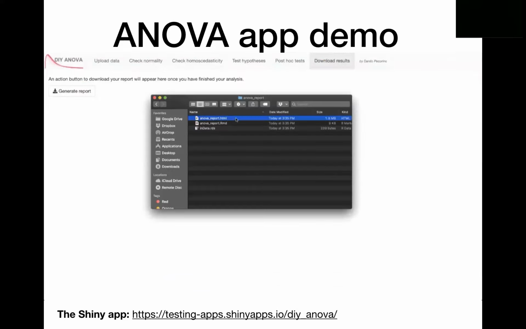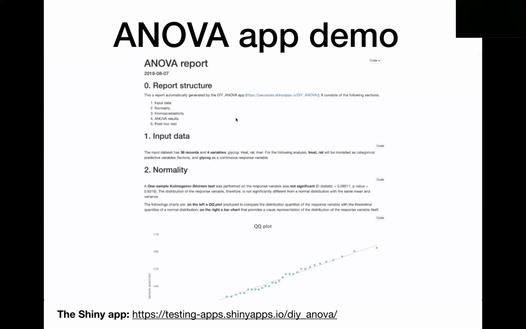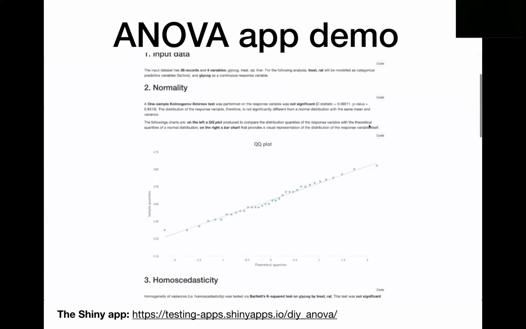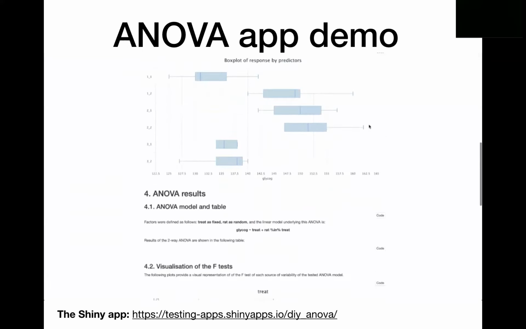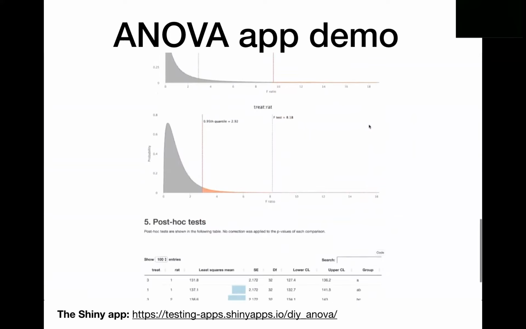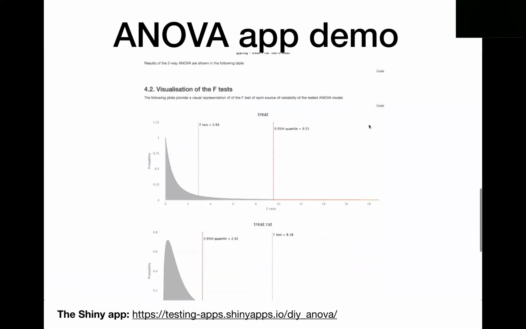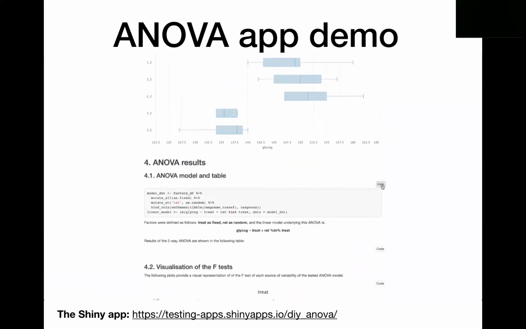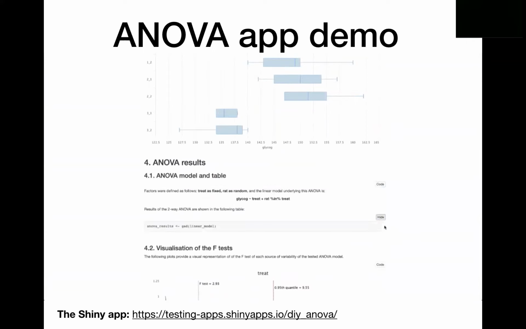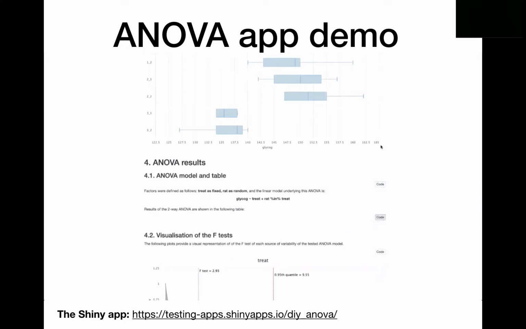I get a zip bundle with an HTML file, which I can then open, and this is completely independent of the Shiny application, with all my results, basically the data that I've uploaded and all of the methodology that I've run on this data, the results, and the actual code used that I could use to reproduce all of these things outside of Shiny.